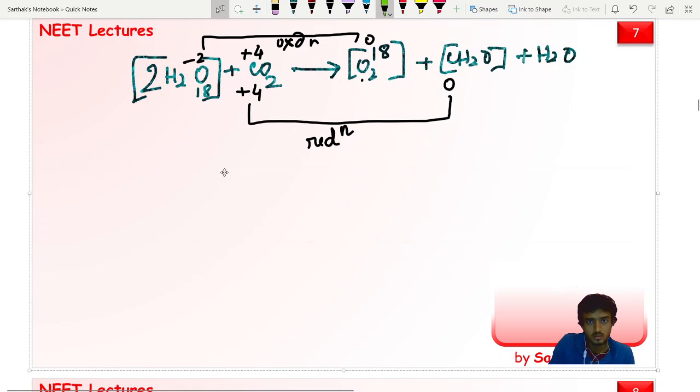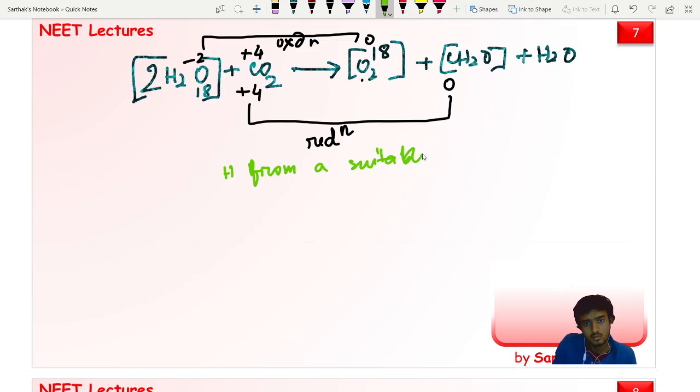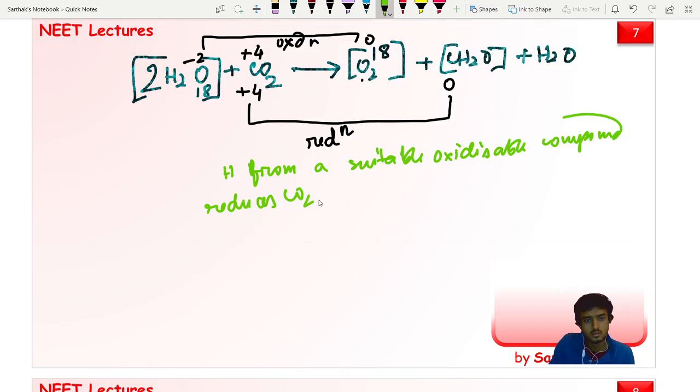So I have written in the previous slide that hydrogen from a suitable oxidizable compound reduces CO2 to carbohydrates.